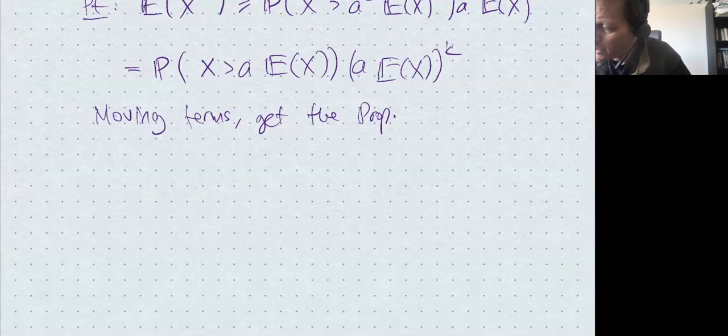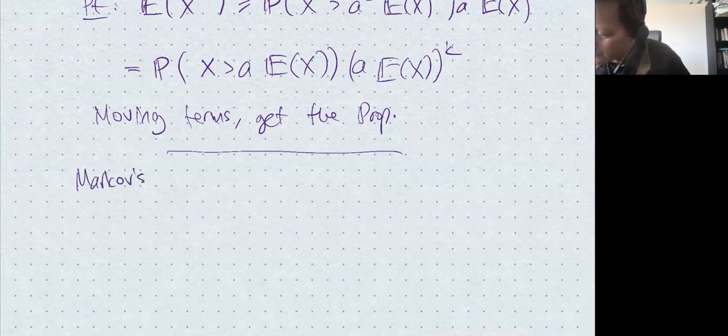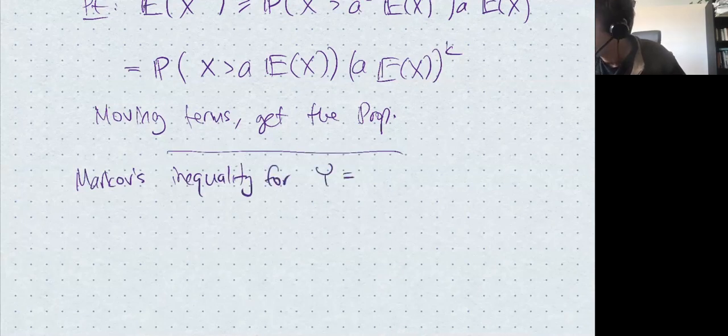Let's talk about a special case which we're going to use. Suppose we have a random variable and we look at the second centered moment. Let's call that y.